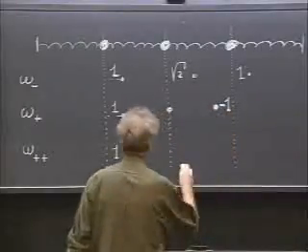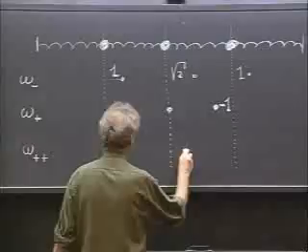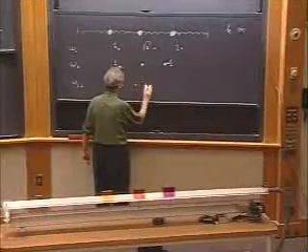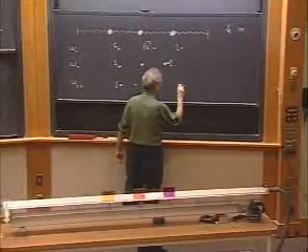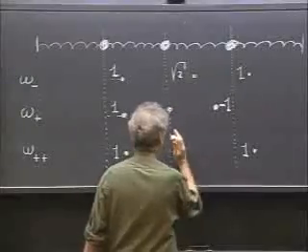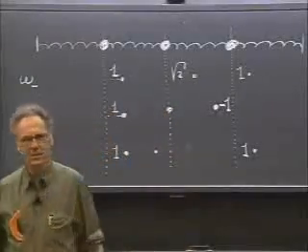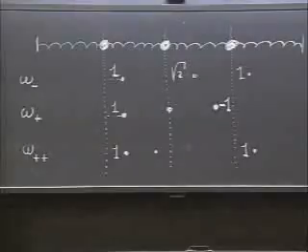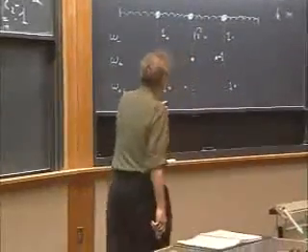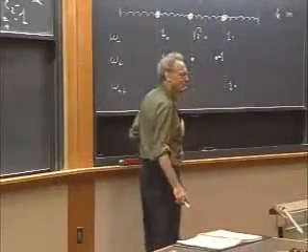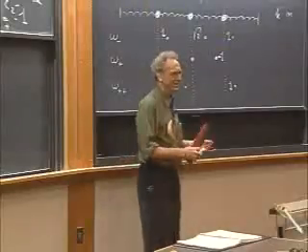Shall we put this one at +1? Sorry, -1. And this one at +1? Or shall we change the +1, the -1 here? Don't feel bad. I wouldn't have been able to do it either.